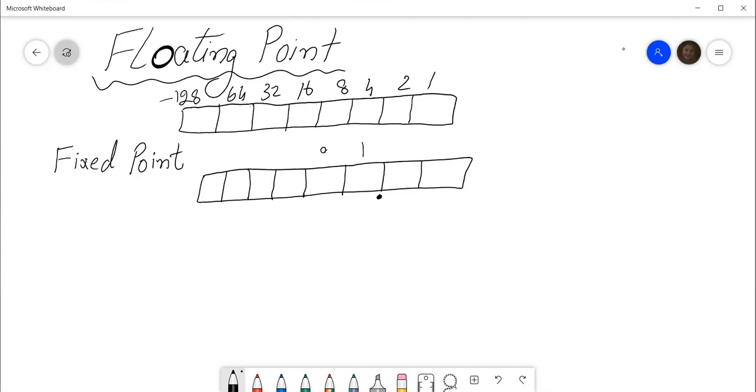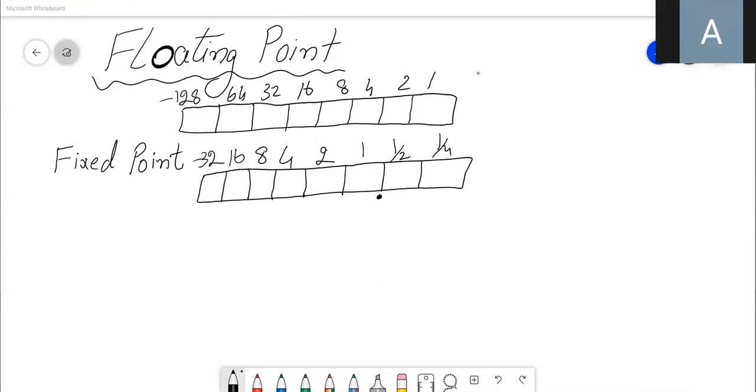The labeling would be something like this: 1, 2, 4, 8, 16, and minus 32. And this will be 1 over 2 and 1 over 4. So if we want to represent a smaller decimal number, that will not be possible because we have only 2 bits available.